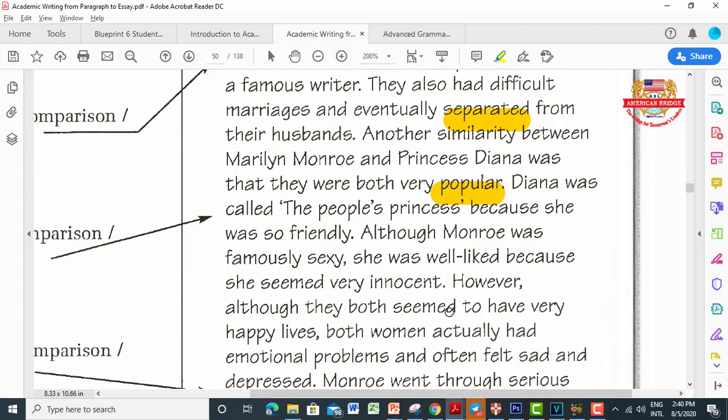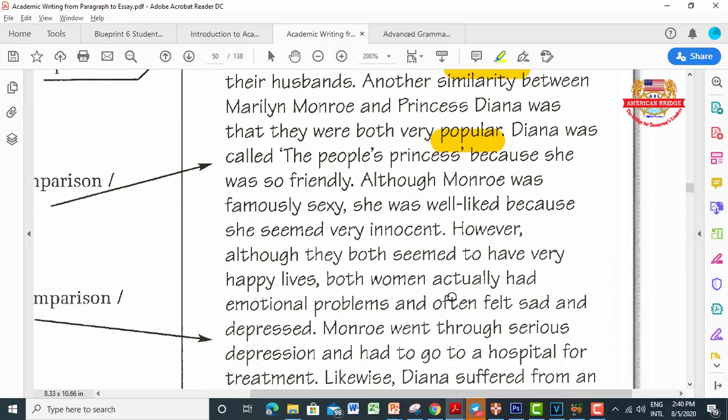However, although they both seemed to have very happy lives, both women actually had emotional problems and often felt sad and depressed. So this is the negative point. Like you see, emotional problems, feeling sad and depressed.